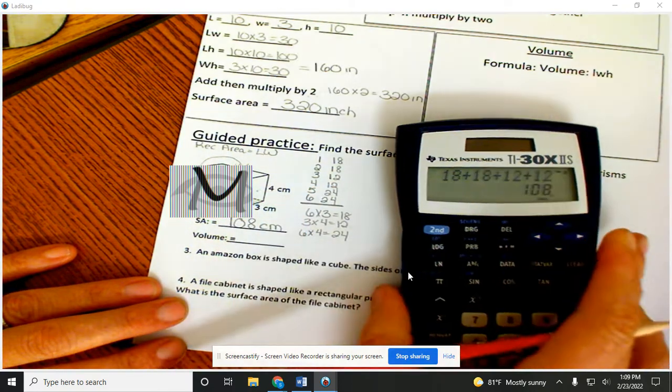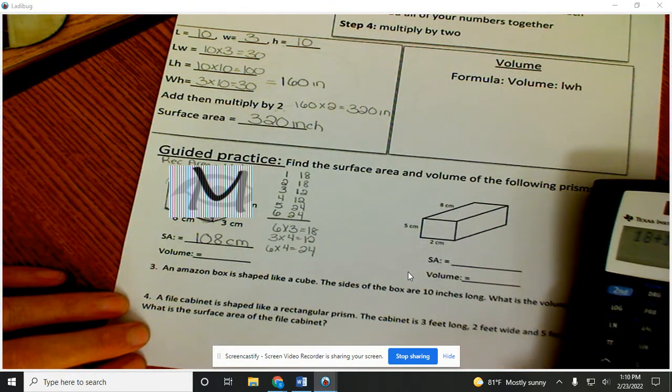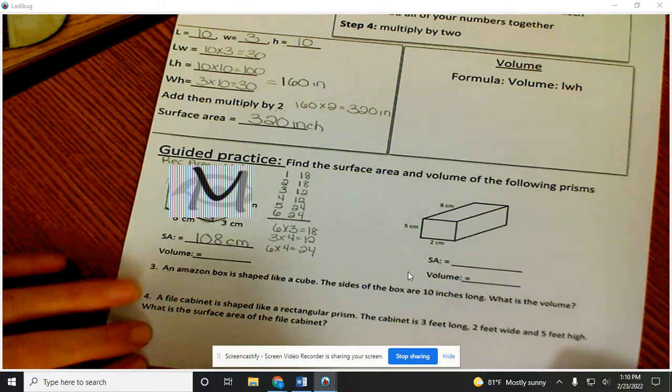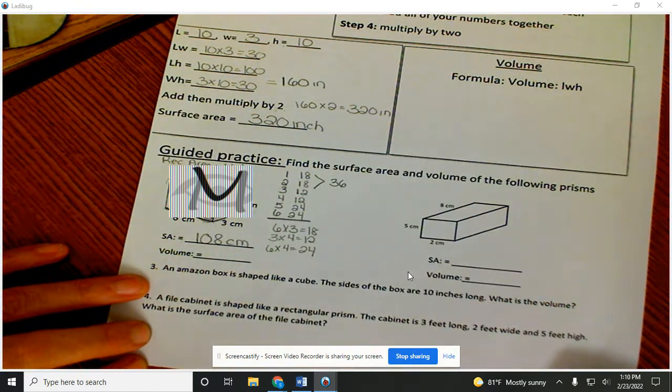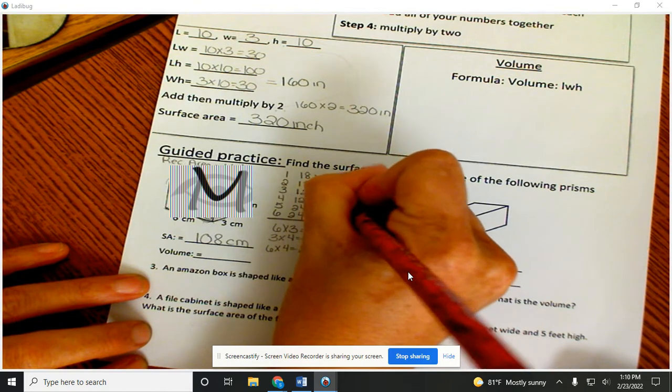Now, there are other ways that you can do it. You can do 18 times 2 if you want and cut it shorter, because that is 36. You can do 12 times 2, which is 24.